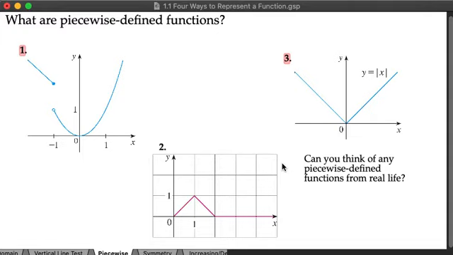Even in the algebraic description, writing y equals absolute value of x, where we have that symbol that means absolute value, is not a piecewise definition. But one of the ways to write an algebraic definition when you don't already know what the absolute value is, or when you need a working definition, is to write the absolute value function as a piecewise function.